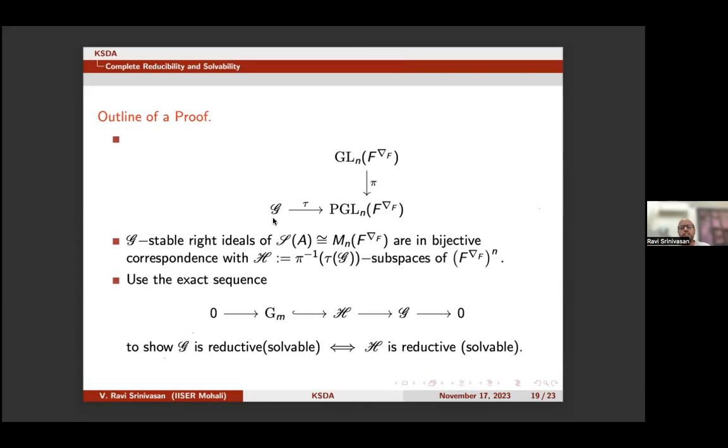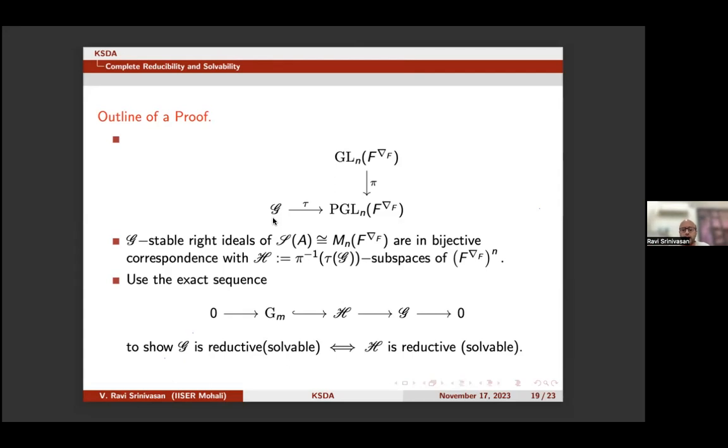So what one sees is that the G-stable right ideals of SA and the subspaces of this vector space are in bijective correspondence, and the bijective correspondence also respects the group action, where G is acting on the right ideals of SA and H is acting on the subspaces of C^N.